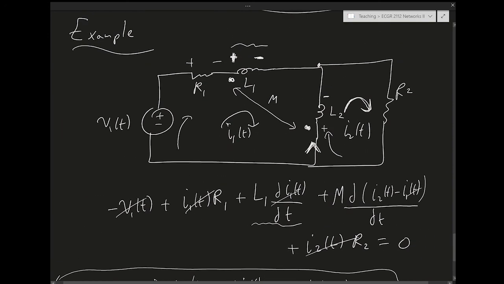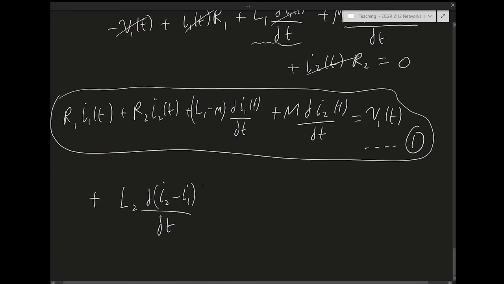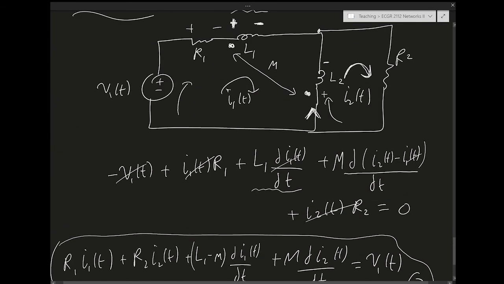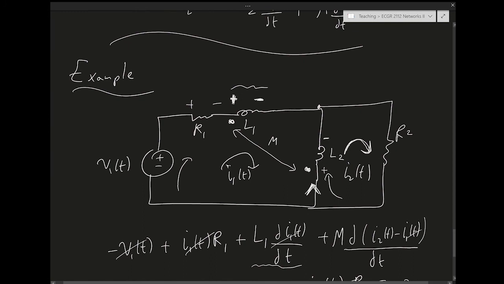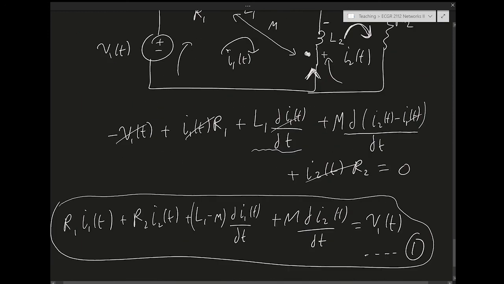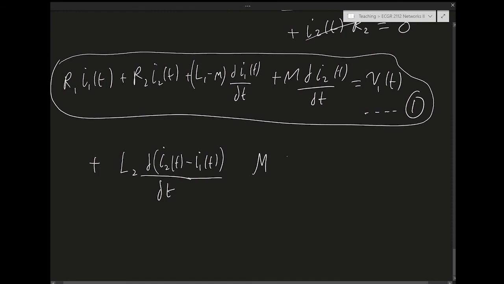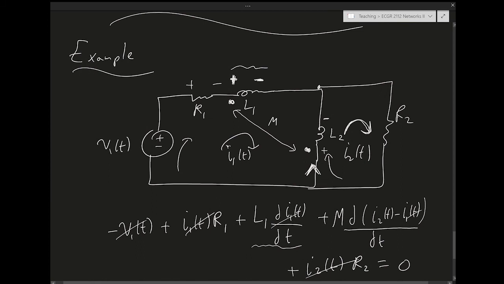That's the self component. Let me put in t: I2(t) minus I1(t) over dt. But before I move on to R2, I have to add the mutual component, right? The mutual component is going to be m di2 by dt, right? I2 goes through the second coil, this coil here, and affects the voltage in this coil here.